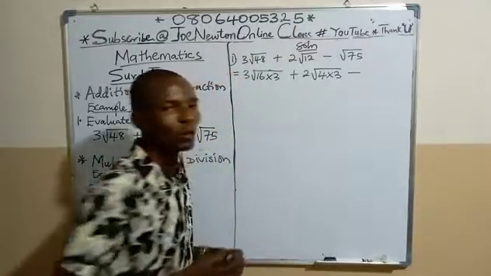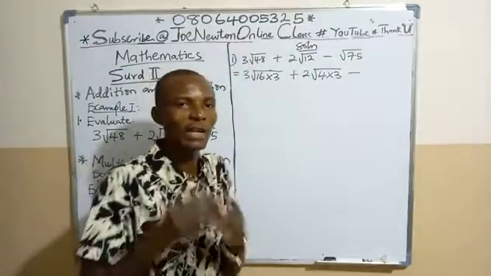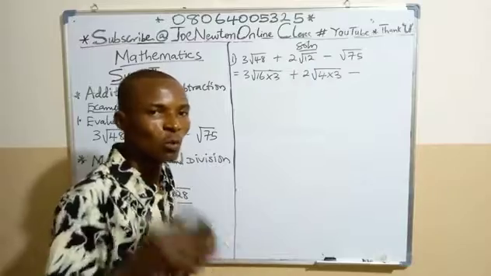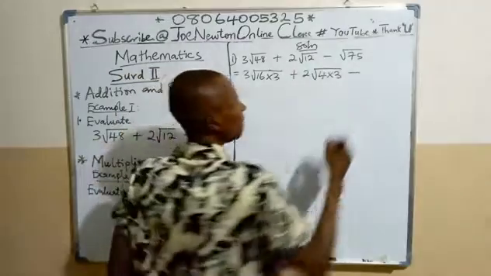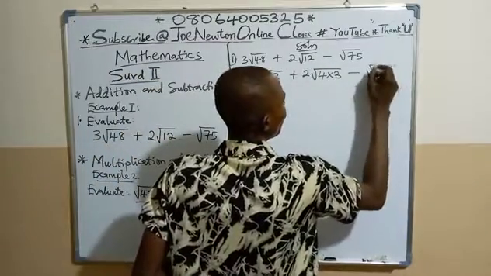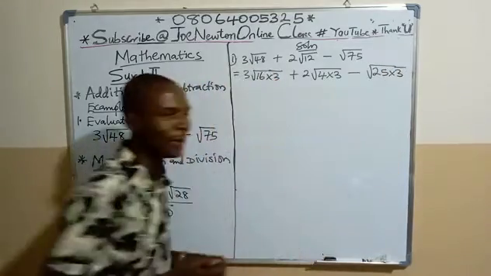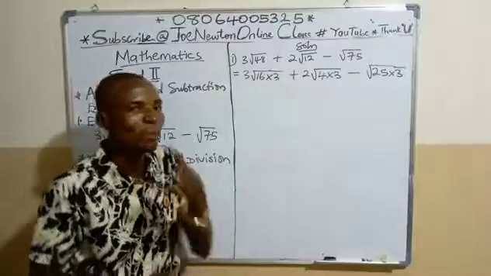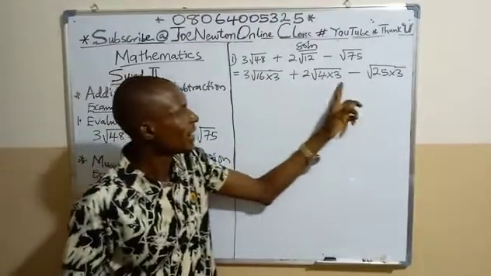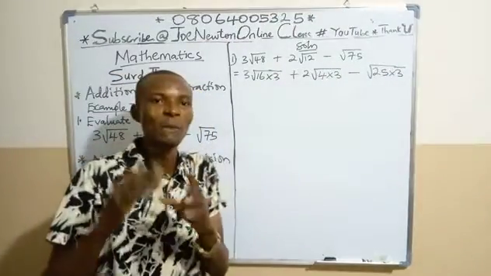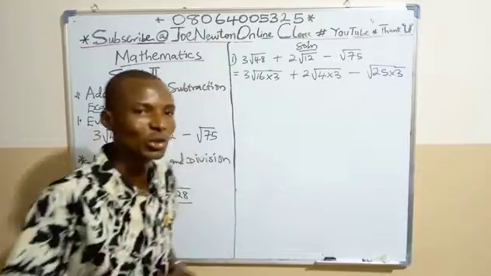Minus, then for 75, 25 times 3 will give us 75, with 25 being the what? The perfect square. 25 times 3. So what do you notice here? In treating this case, you make sure that their bases, their irrational parts will be similar. So we'll be able to add or subtract according to the rule.